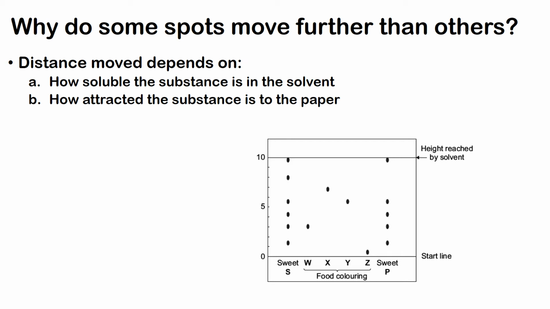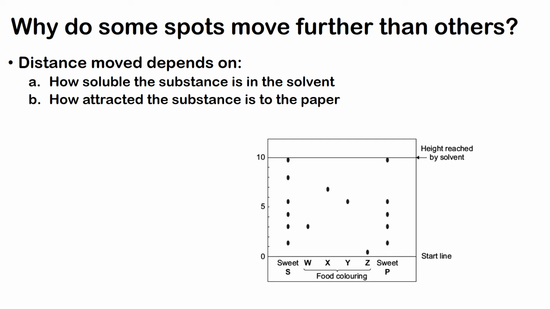But the bigger factor, the one that we're more concerned with, is how soluble the substance is in the solvent. Now, if your substance is really soluble in the solvent, then as the solvent comes up, it'll pick up your substance and carry it a further distance.